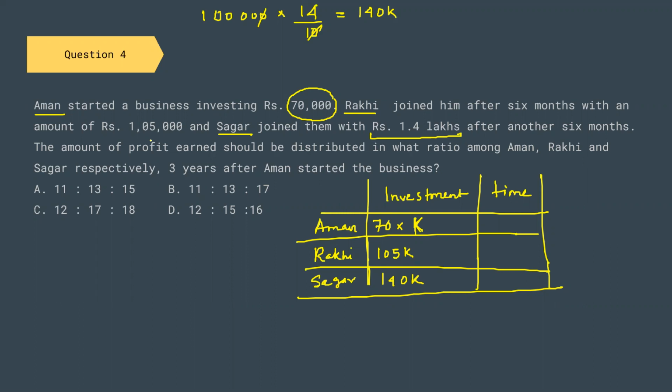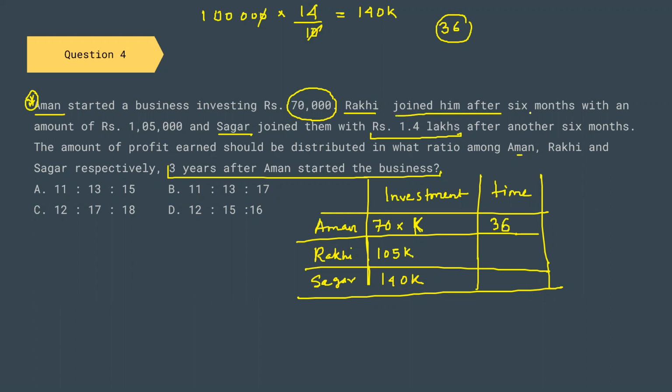After another 6 months, we are going into the timeline right now. So the amount of profit earned should be distributed in what ratio among Aman, Raki, and Sagar respectively, 3 years after Aman started the business. So the total duration for which the money was invested was 36 months. Aman was the first person to invest in the business, so the total time he invested the money was 36 months.